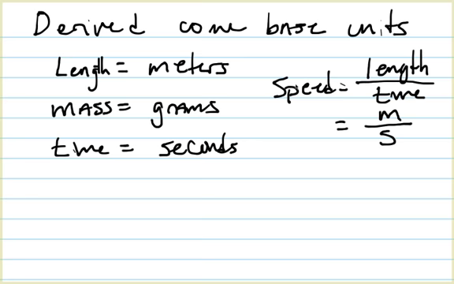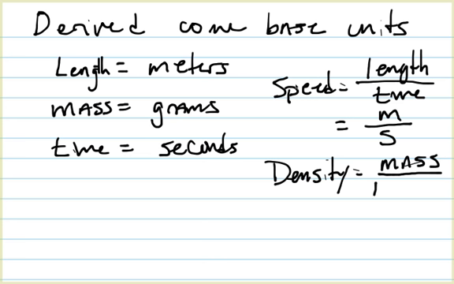We have density, which you're going to do in the lab. Density is mass divided by a length times another length times another length. And that gives us our volume. So volume is a derived unit coming from the unit of length, where you multiply that 3 times.